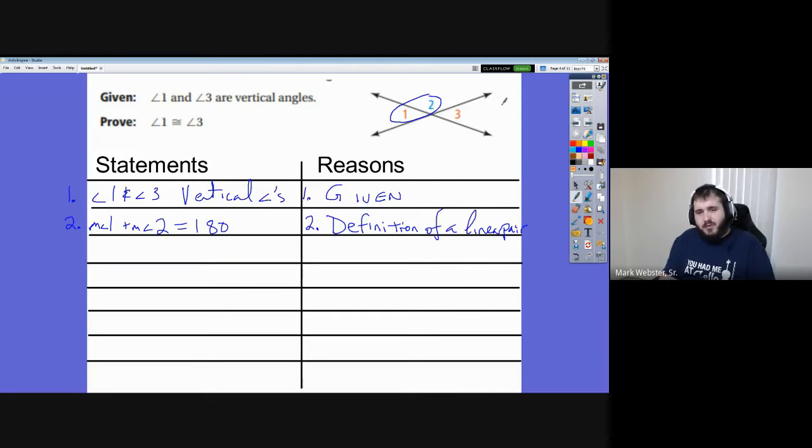And isn't the same thing true about angle 2 and angle 3? These two also add up to 180, for the same reason.